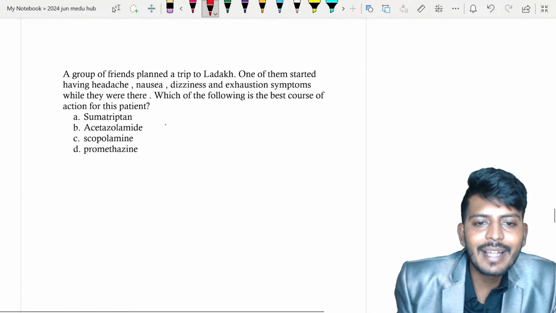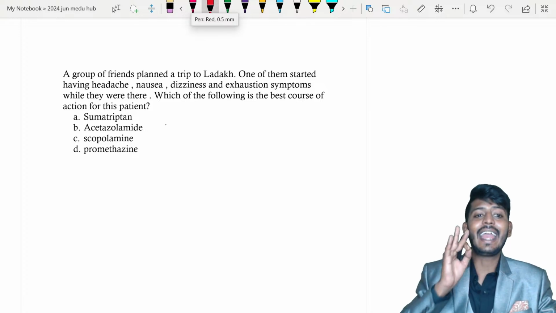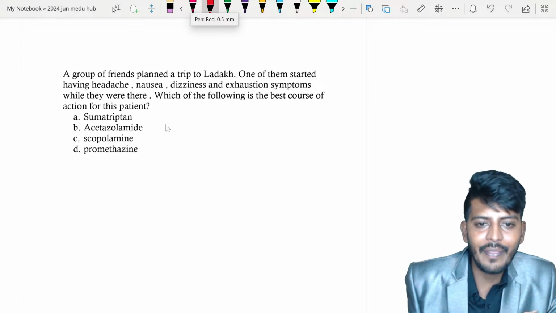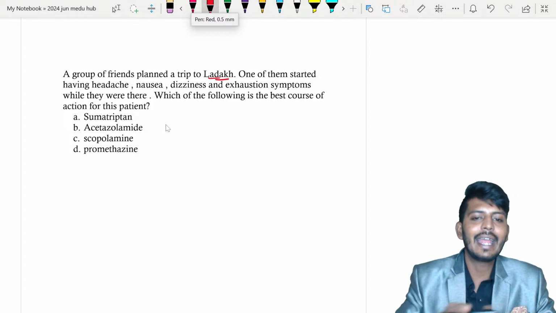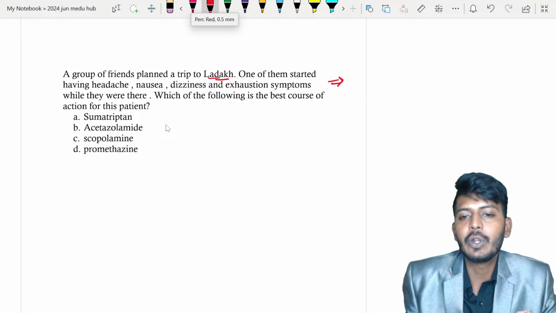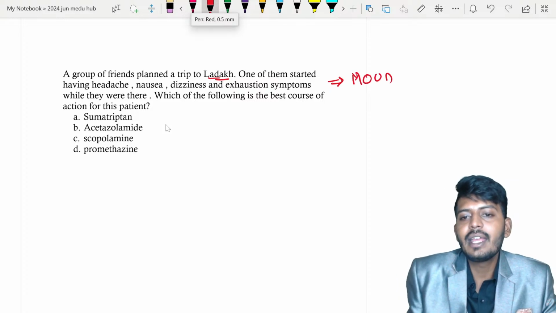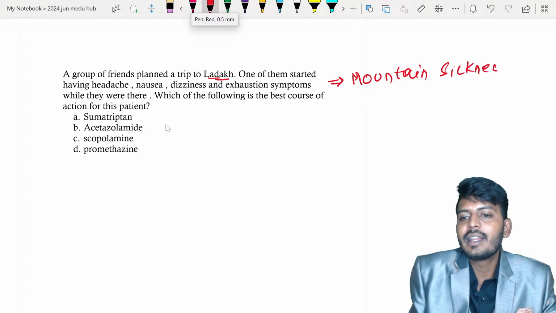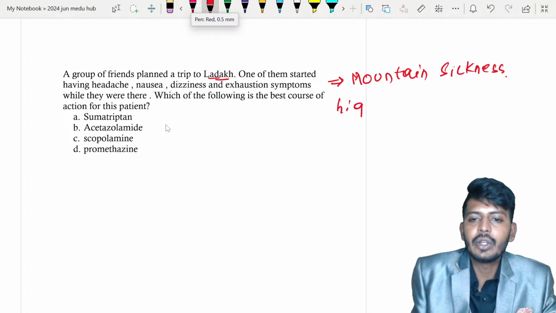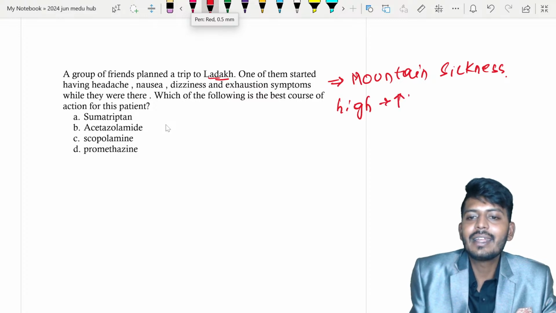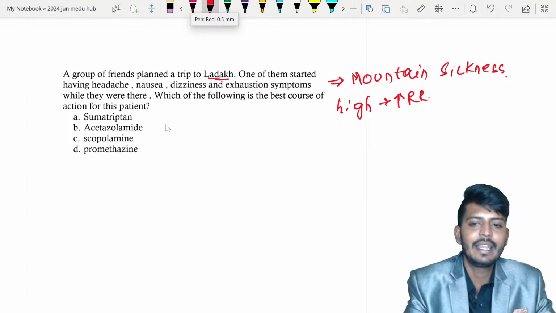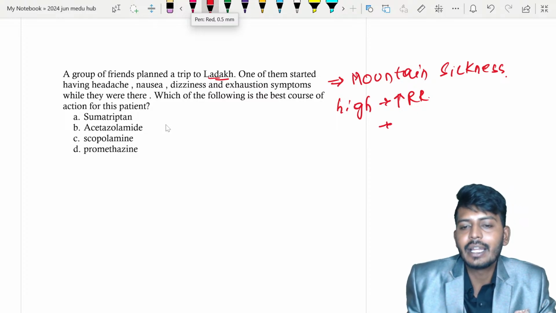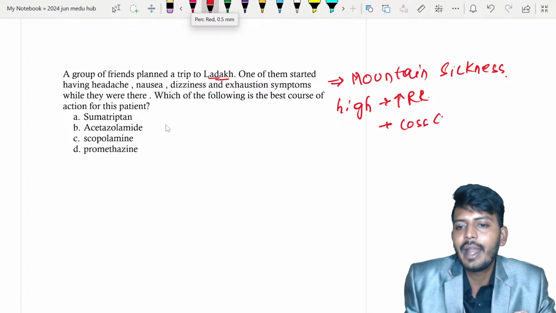So he's having light-headedness and he's getting exhausted when they were in Ladakh. What is in Ladakh, sir? High altitude. So at high altitude, the patient will get mountain sickness. Why mountain sickness? Because at high altitude there is an increase of respiratory rate, and also there will be loss of carbon dioxide.